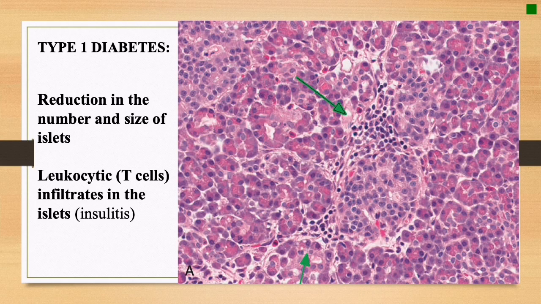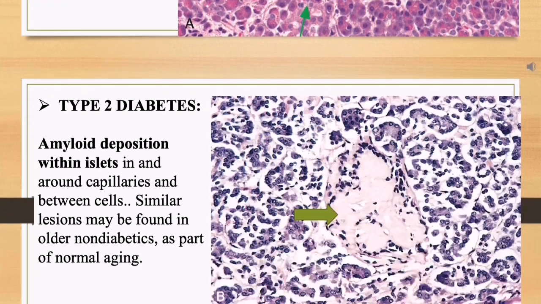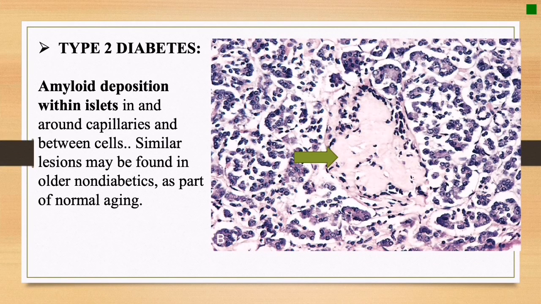This figure shows the histologic view of an autoimmune insulitis in a human pancreatic explant. The green arrow points to the inflammation surrounding islets of Langerhans, while the surrounding acinar structures are essentially normal. Type 2 diabetes, on the other hand, may show amyloid deposition within islets, in and around capillaries, and between the cells.